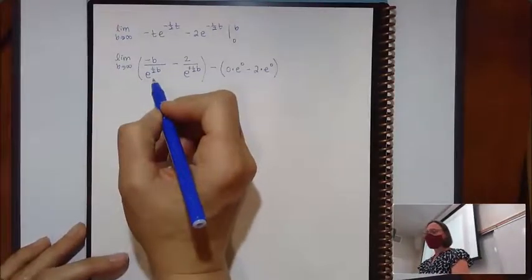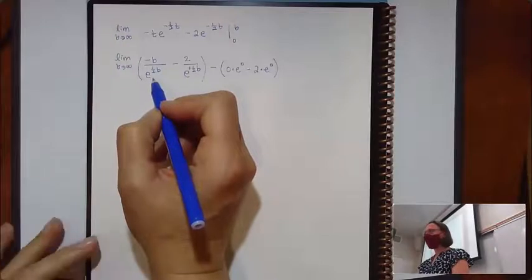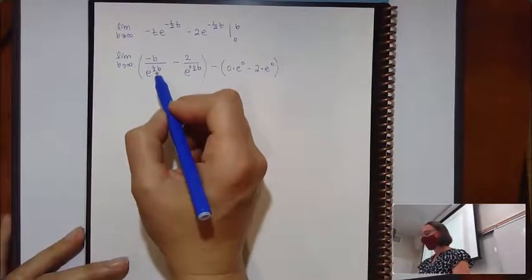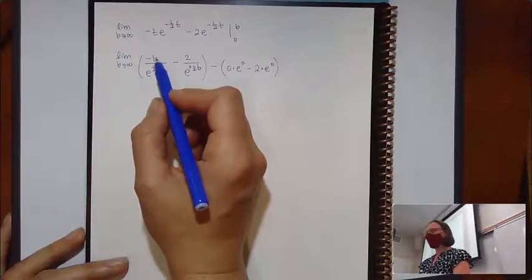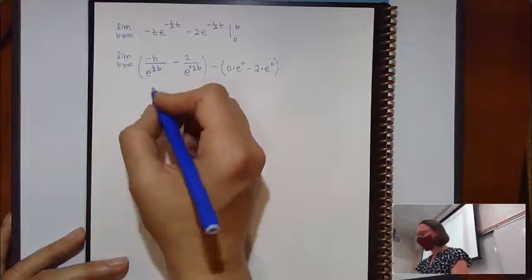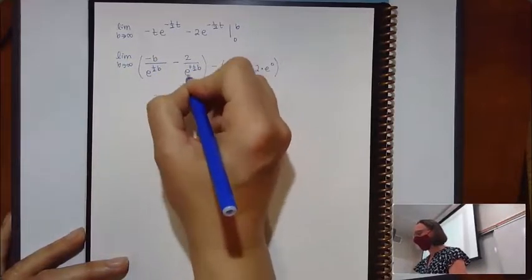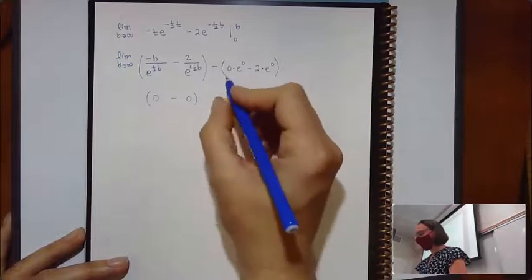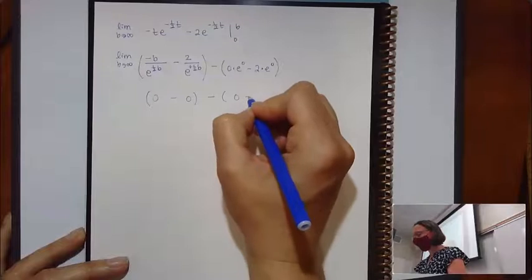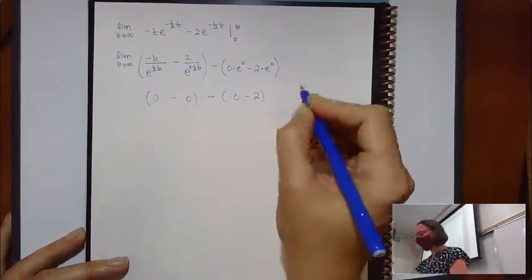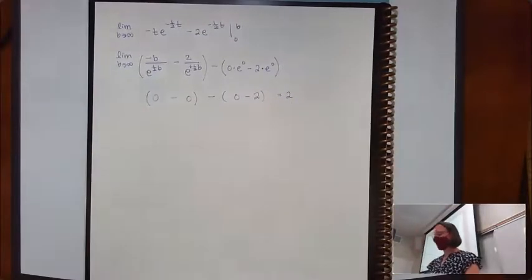This limit right here is discussed in the book, but essentially e to the infinity is a way bigger infinity than just the regular infinity that's on top. This thing goes to 0, just like this one does. Over here, I'd have 0 times 1 and 2 times 1. So when you do it all out, we get 2. All that work just for an answer of 2. So that's our mean.